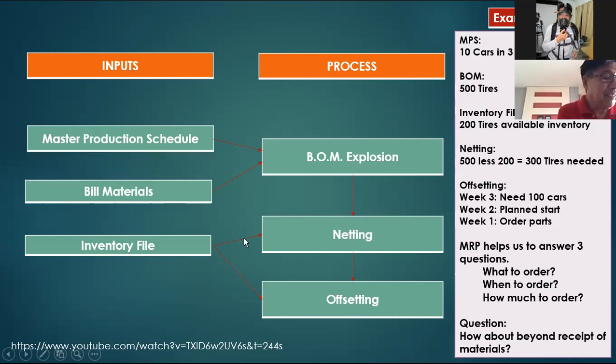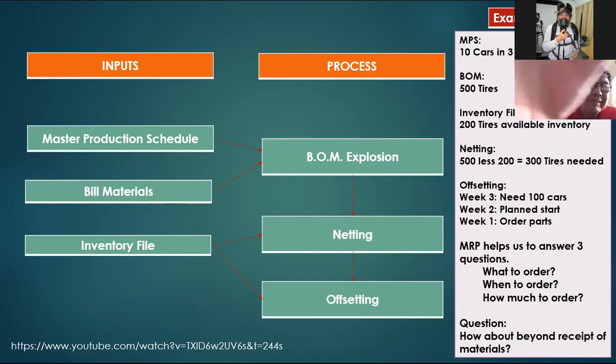So after that netting, after knowing the required quantity to order, we will again need the inventory file to offset the schedule. Offsetting is just like planning. So we need 100 cars in week 3, so we are planning to start the production in week 2. So that's the offsetting.